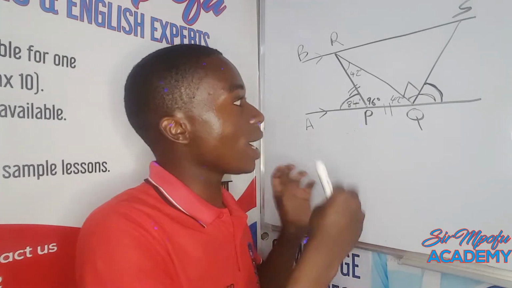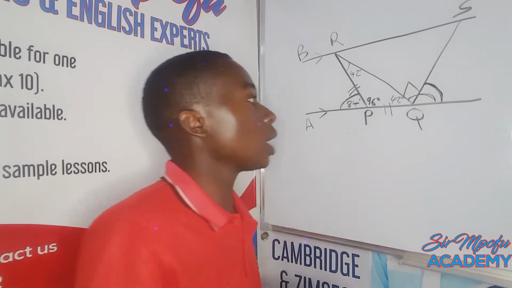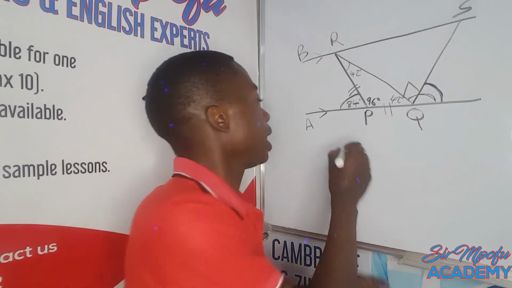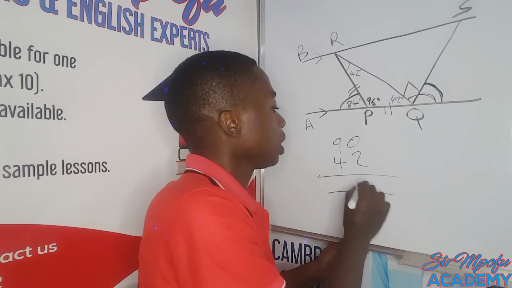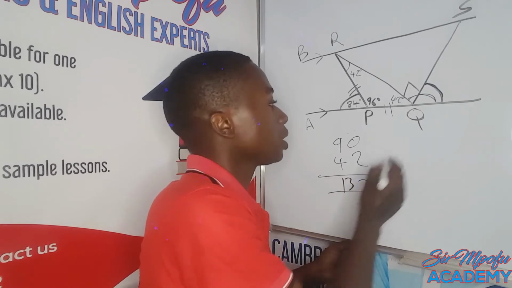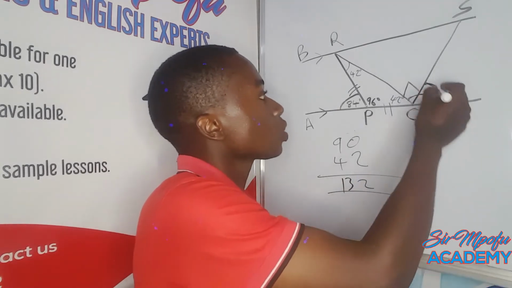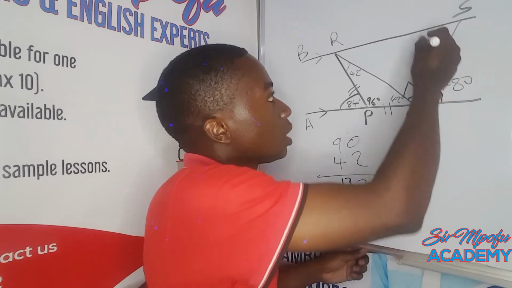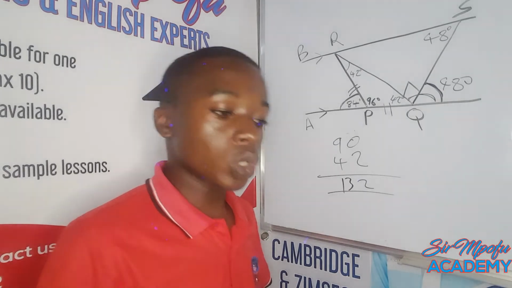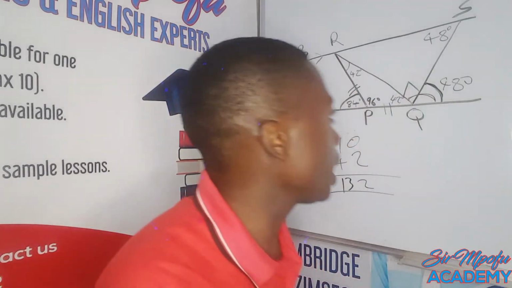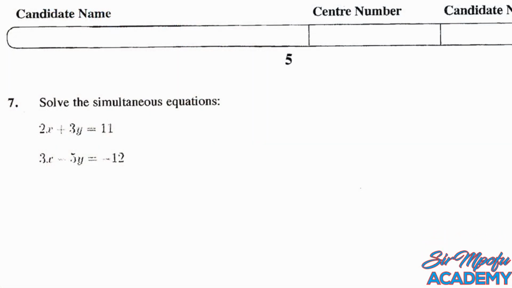When you say 180 minus that answer, then we are going to get this angle, which is identical to that angle. So 90 plus 42 is going to be 132, and 180 minus 132, that's 48. So our answer here is 48 degrees, which is identical to this one. It's 48 degrees as well. So QSR is 48 degrees.